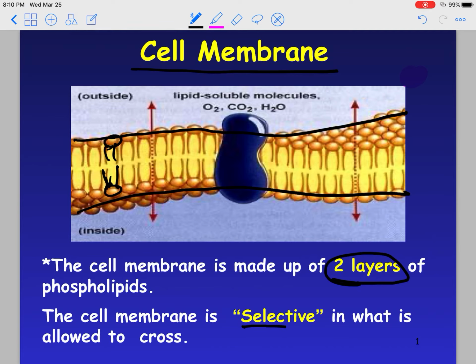But it is selective in what it allows to go across the membrane. So if I'm selective in who I let be in my class, that means that I don't let everybody in. Only certain people get to come in. Well, that's what it's like with the cell. Only certain things can come across into the cell, and only certain things can go back across and leave the cell.